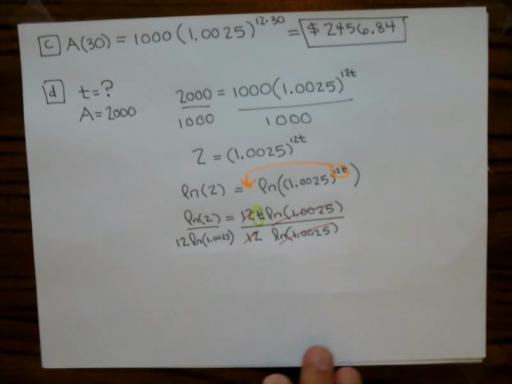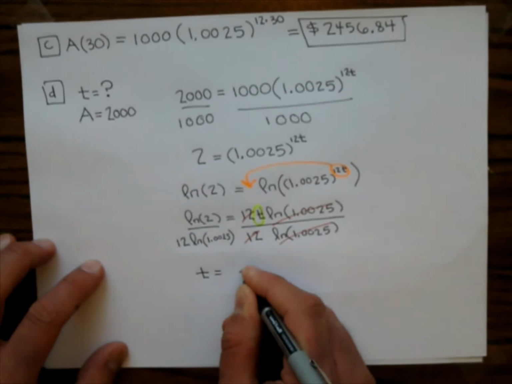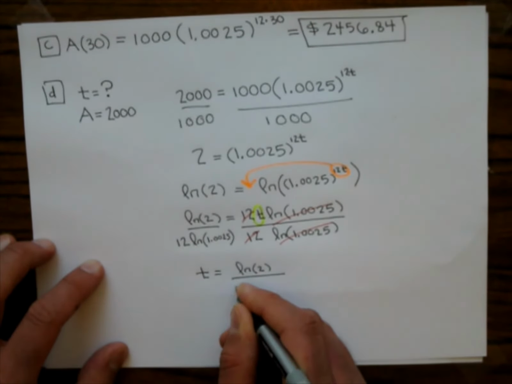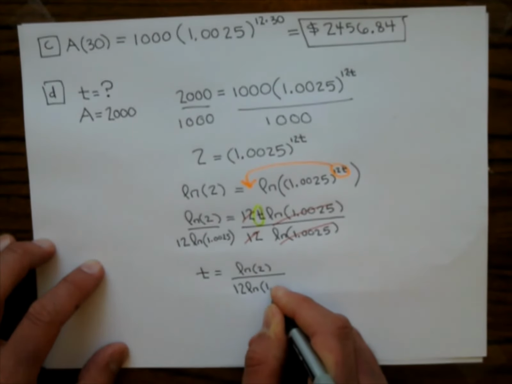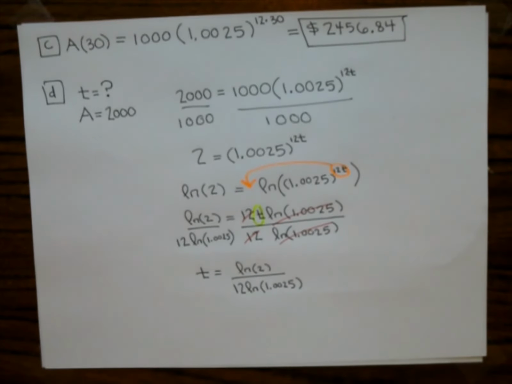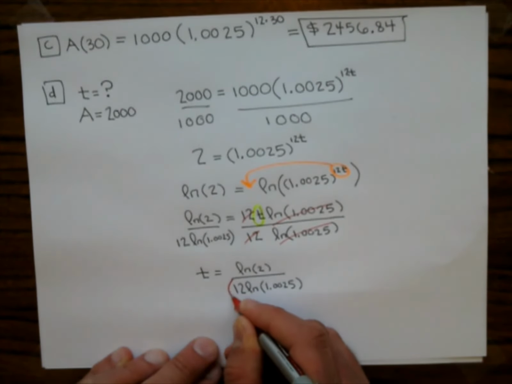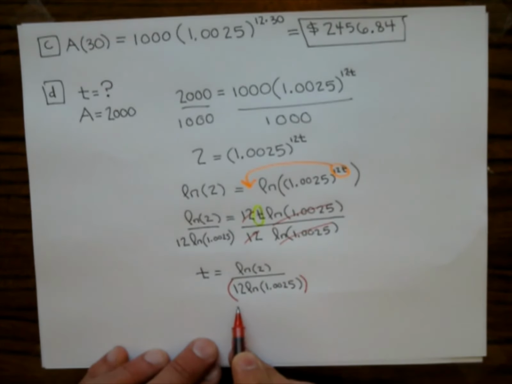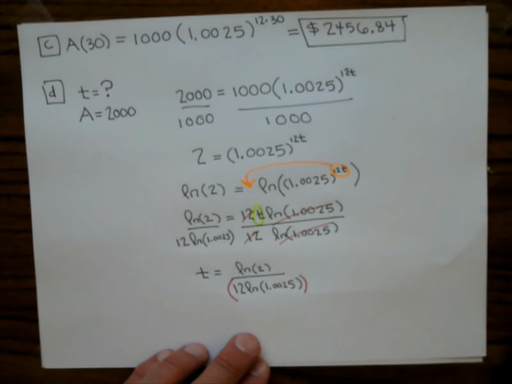So let me rewrite it, and I'm going to put the t on the left-hand side. t equals ln 2 all over 12 ln 1.0025. Now when you enter this into your calculator, make sure if you're doing it all in one thing to put parentheses around there, or it's just going to divide by 12 and then multiply the result by ln of that other stuff.